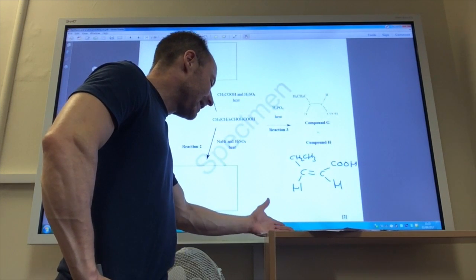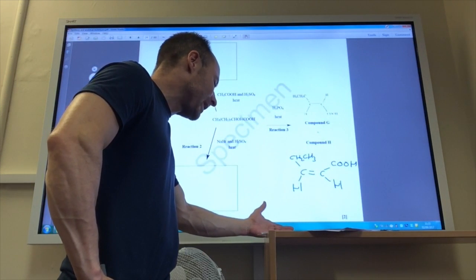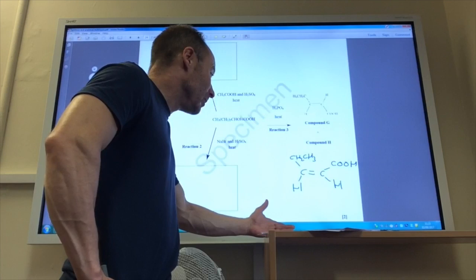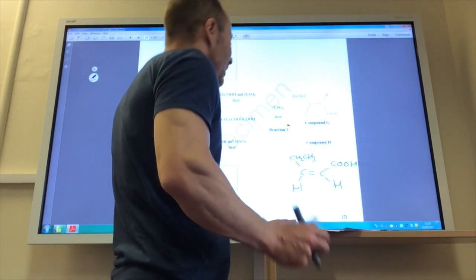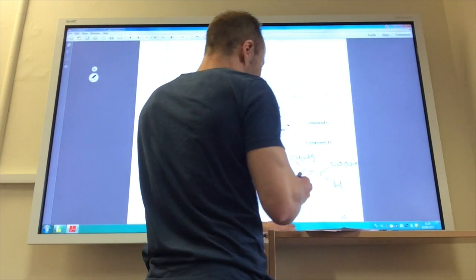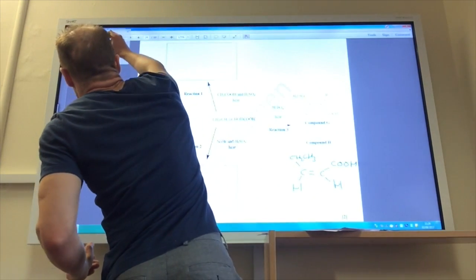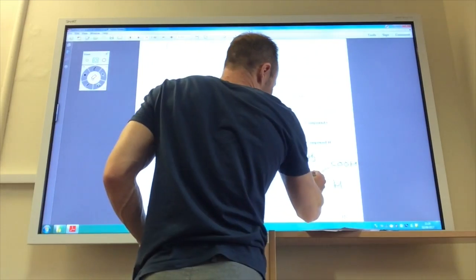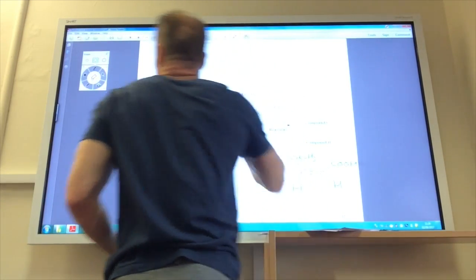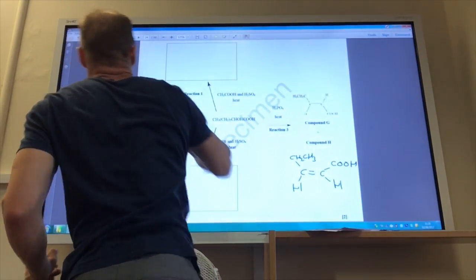And then the next step is it wants me to draw the repeat unit of the addition polymer that can be formed from compound H. So basically what you're going to do is remove this double bond. So let's do that. I'm going to do it on this one. So remove that one. Not like that.